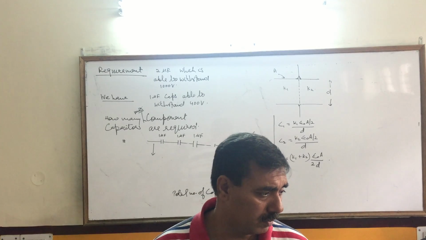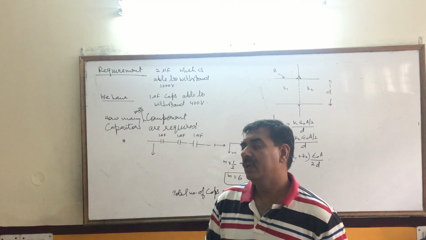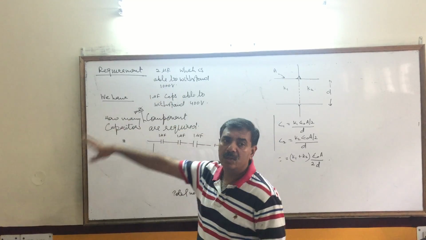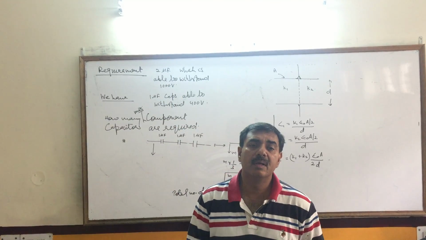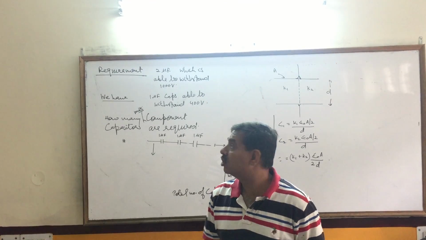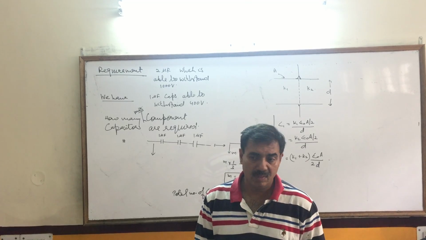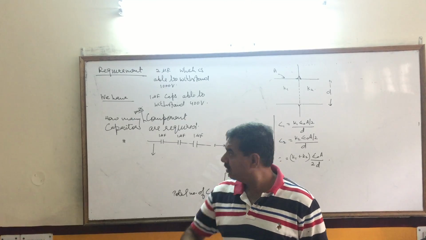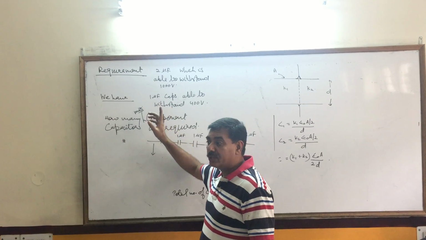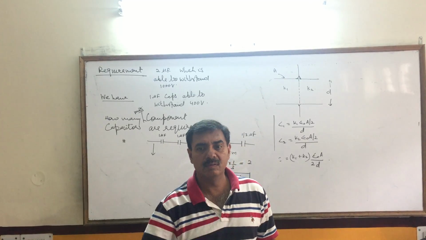I can repeat it for you. He says we require a 2 microfarad capacitive arrangement which should be able to withstand 1000 volts. I have capacitors of 1 microfarad each, which is able to withstand 400 volts.